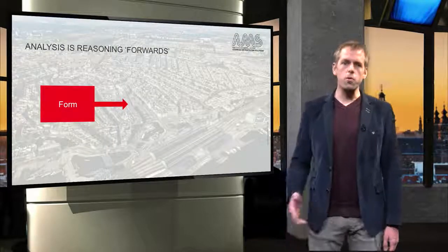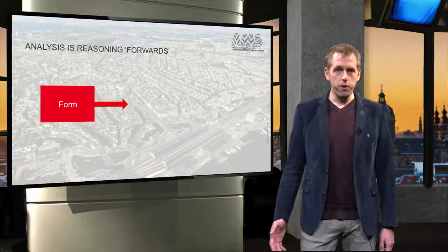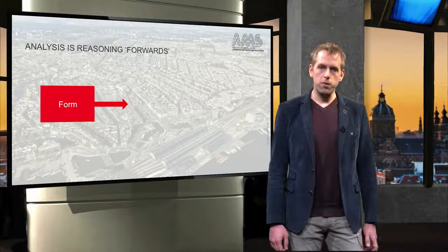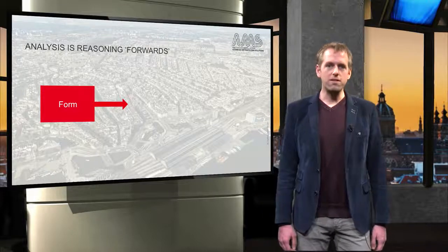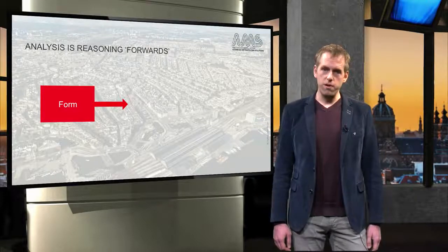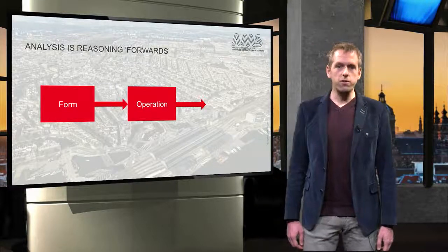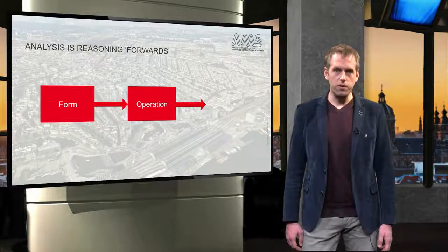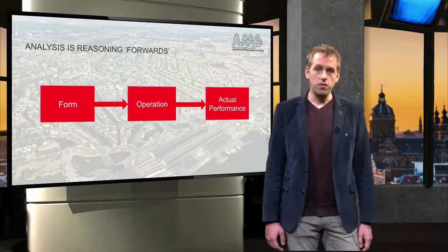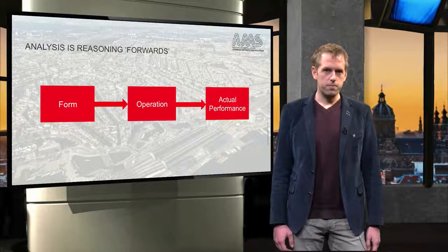Analysis is reasoning forwards. We first of all study the form or morphology of the so-called entity, in our case the urban environment. We then look how the form facilitates operation and as a result of operation what the actual performance is.